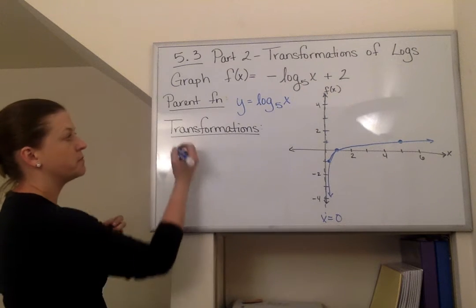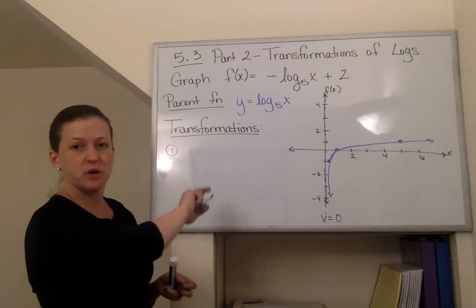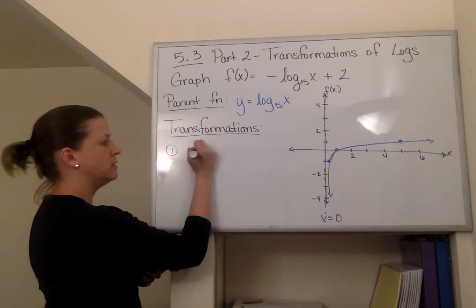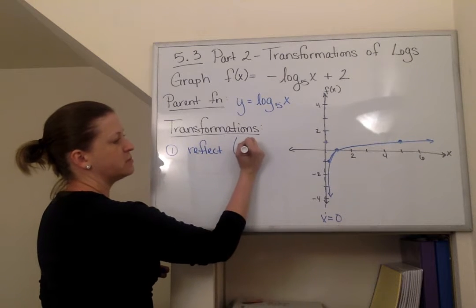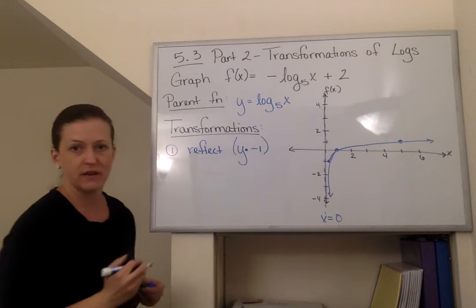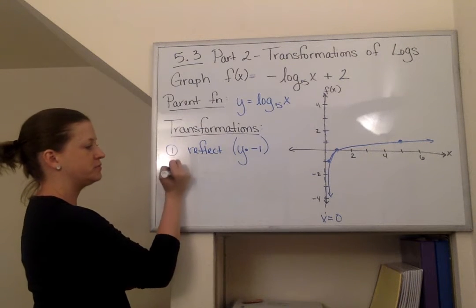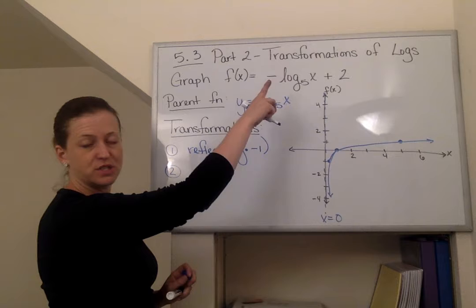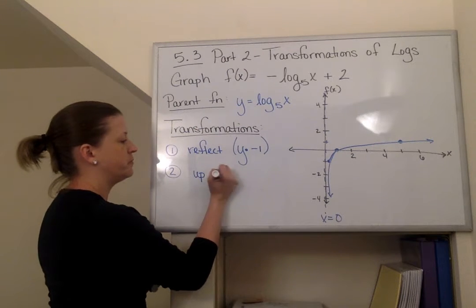So, same thing. So the negative is going to be a reflection. So if I just multiply the y values by a negative 1, that'll take care of that reflection for me. And then the plus 2 is going to shift my graph up 2.